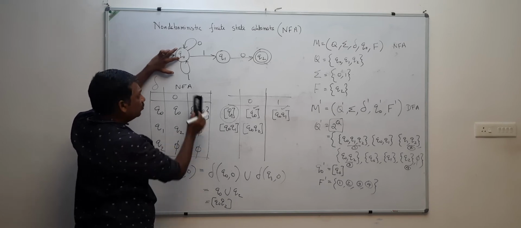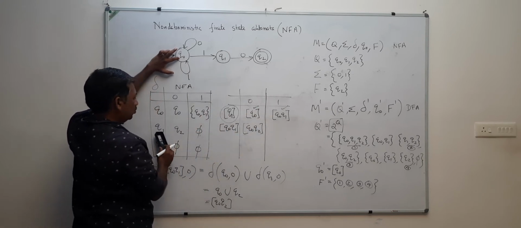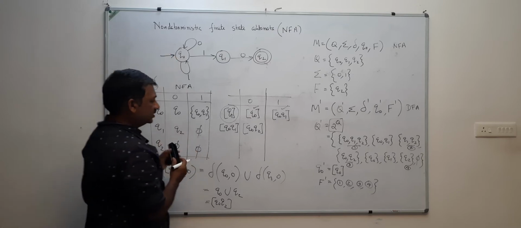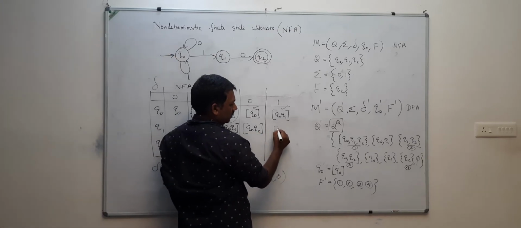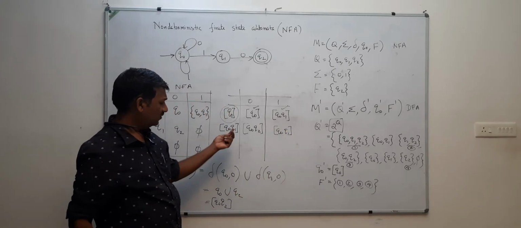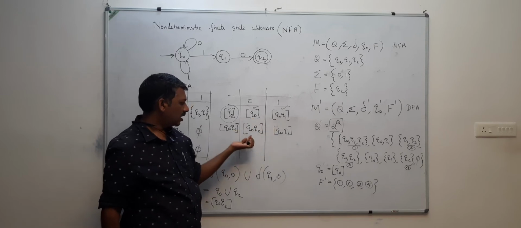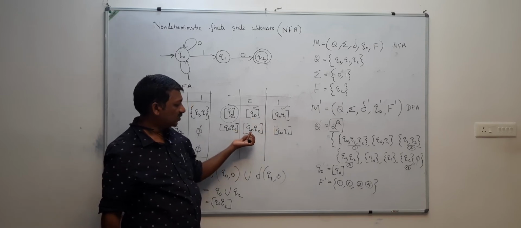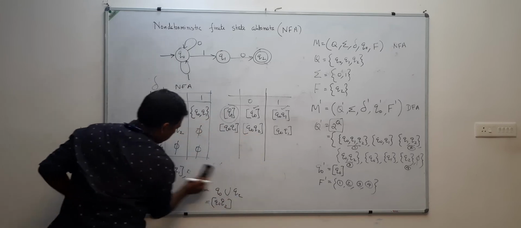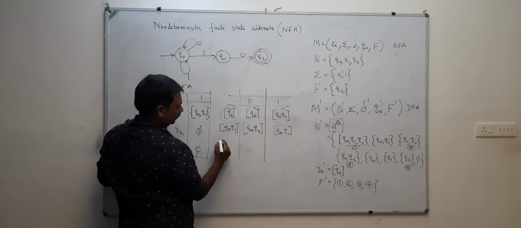And what is Q1 on 1? Q1 on 1 is ∅. That means the union of [Q0, Q1] and ∅ is [Q0, Q1]. That means we have defined the transitions for [Q0, Q1], and we have not yet defined the transitions for [Q0, Q2]. Now we are going to define the transitions for [Q0, Q2].